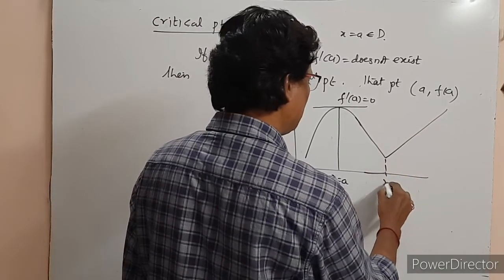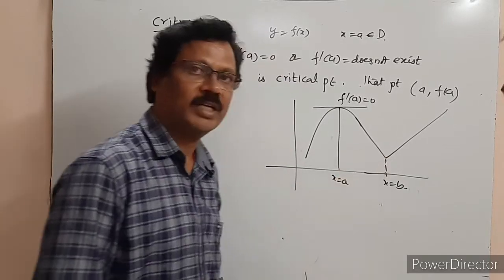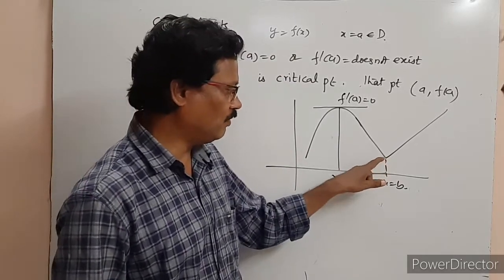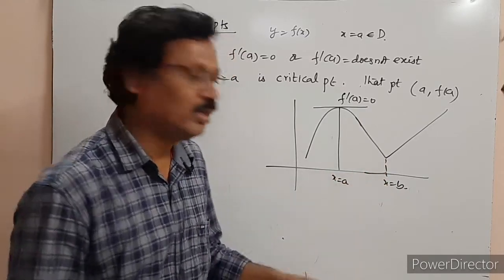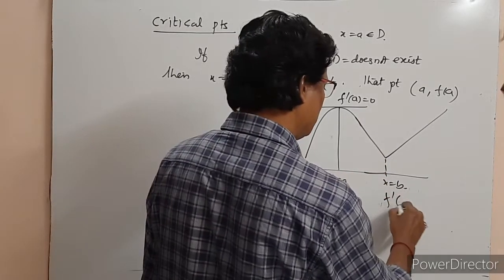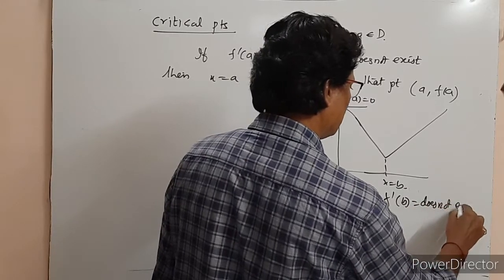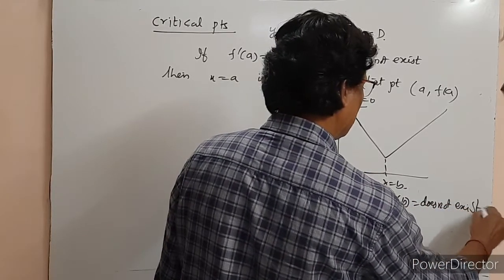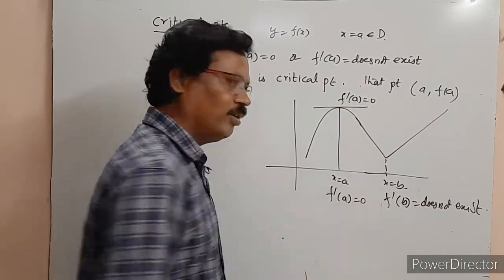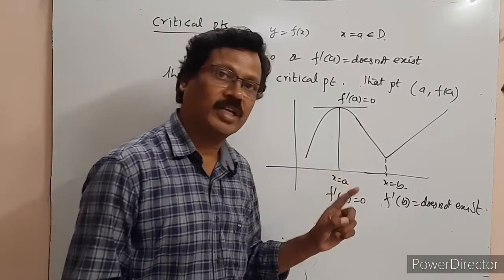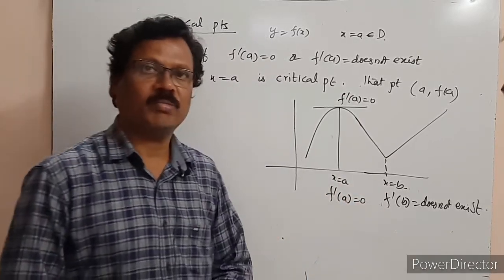Now, this is x equal to b. Here f dash b does not exist. There is a corner point here. Therefore, here f dash b does not exist. Now here f dash a is 0. Therefore, x equal to a is one critical point, x equal to b is also another critical point.